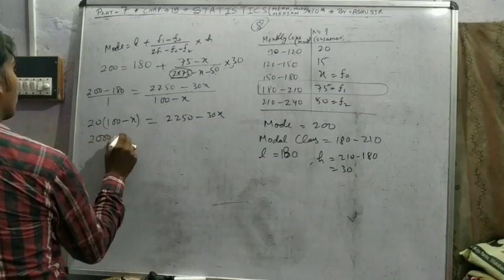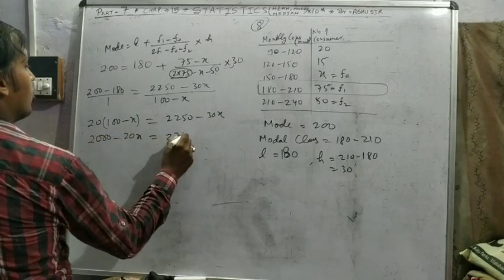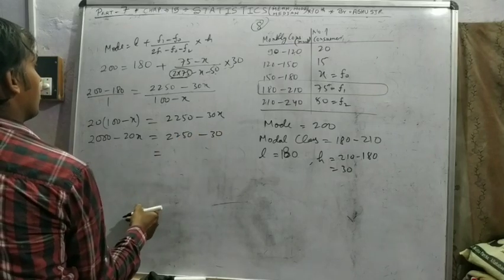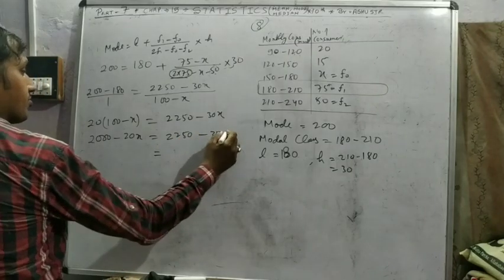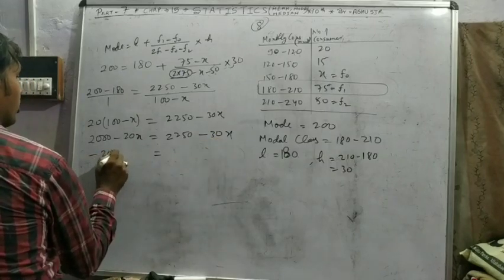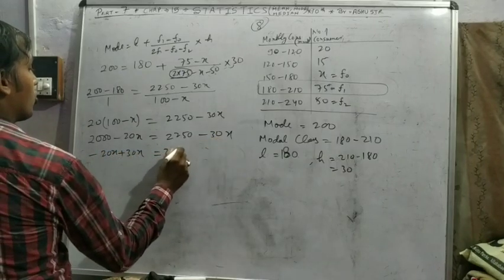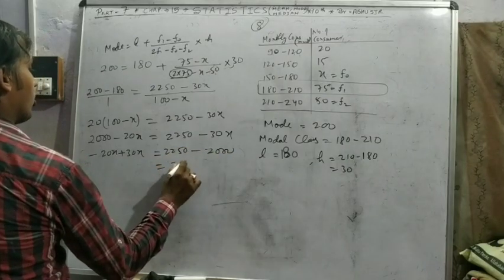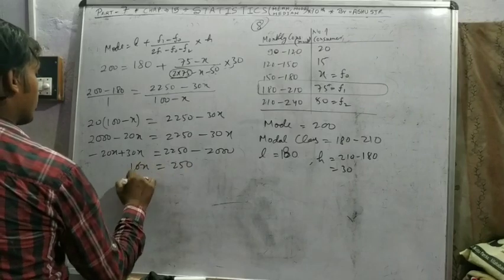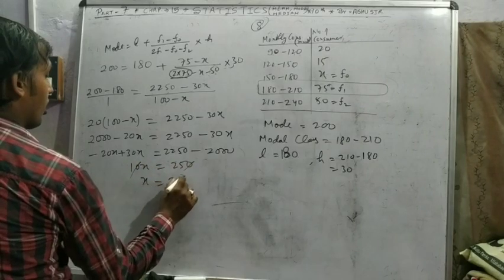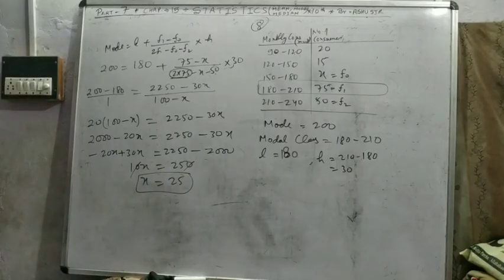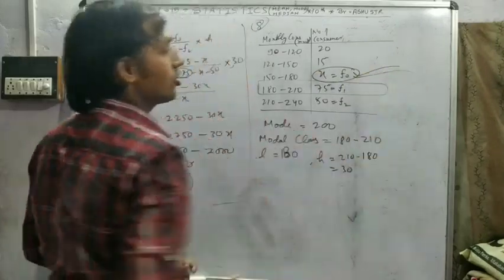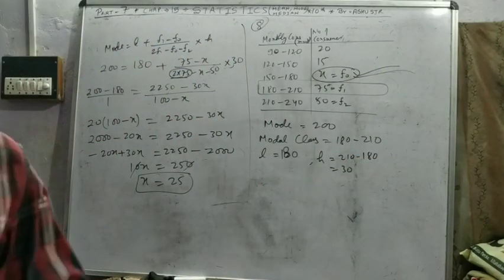So 2000 minus 20x equals 2250 minus 30x. Then minus 20x plus 30x equals 2250 minus 2000, 250. 10x equals 250, the zero cancels, x is equal to 25. That means the missing frequency f0, x, is equal to 25.